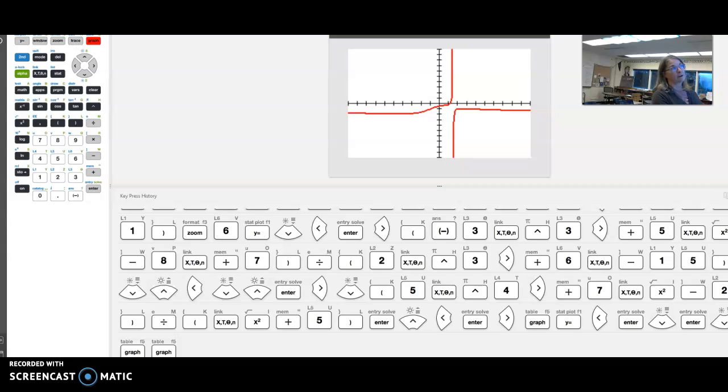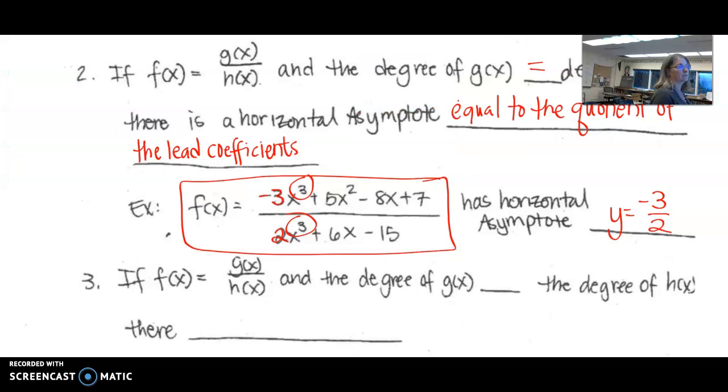It looks like at about 1.5, but the horizontal asymptote is down here at -3/2. So as x goes towards positive infinity, the y values are approaching -3/2, and as you go towards the negative side, it's also approaching -3/2. So we have a horizontal asymptote equal to -3/2.